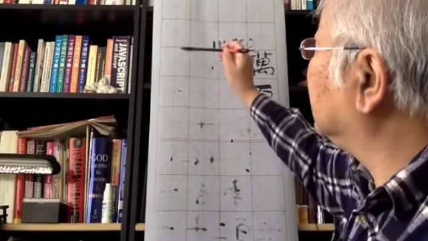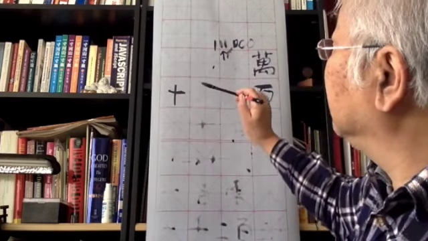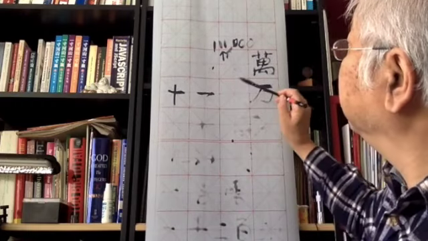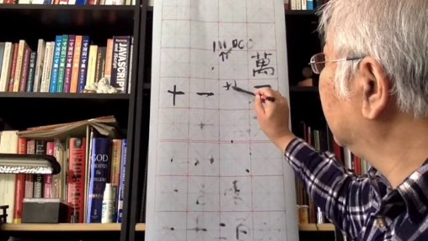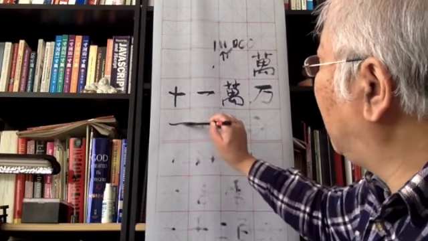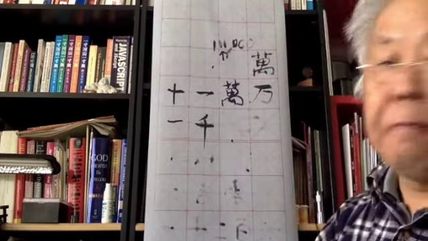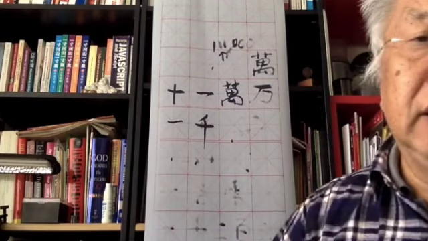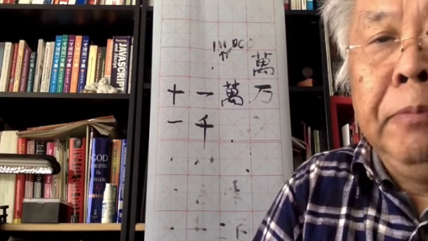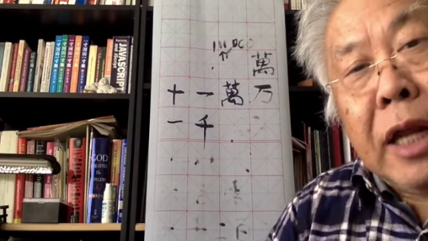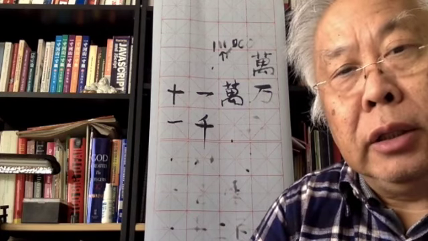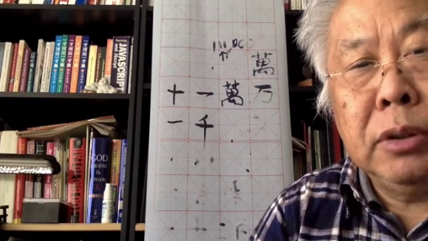So it will be written like this: 10,000, and then we have the 1,000 following it. So that combined gives us 111,000. That is a little bit different from the way the Chinese and the Western styles number things.